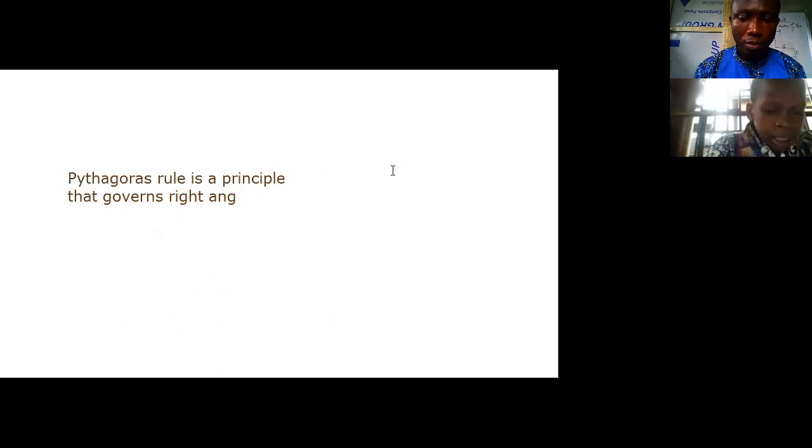It states that the square of the hypotenuse side of a right angle triangle is equal to the sum of the square of the opposite side and the square of the adjacent side of the same triangle. Full stop.